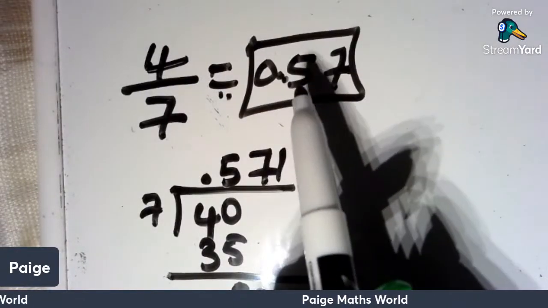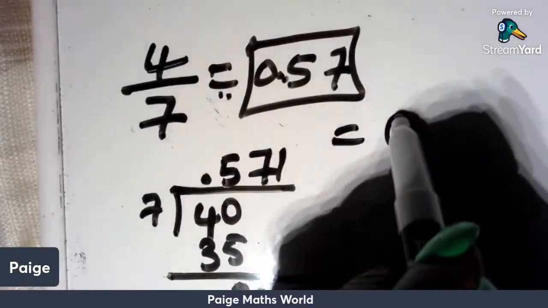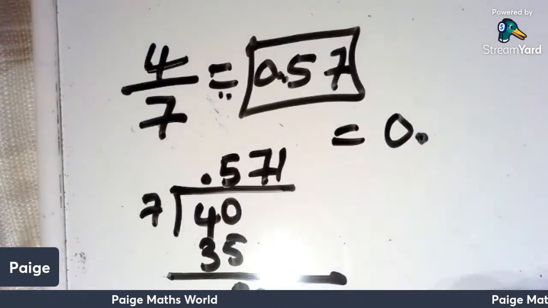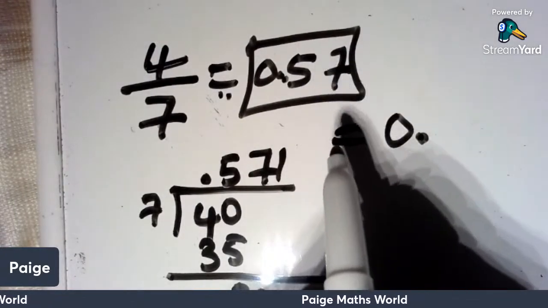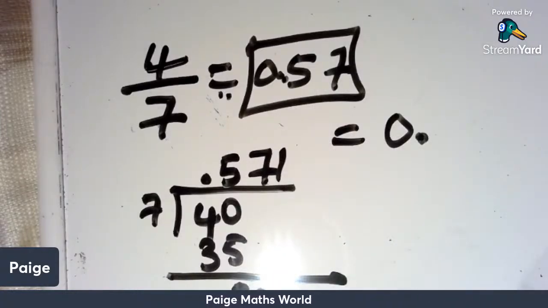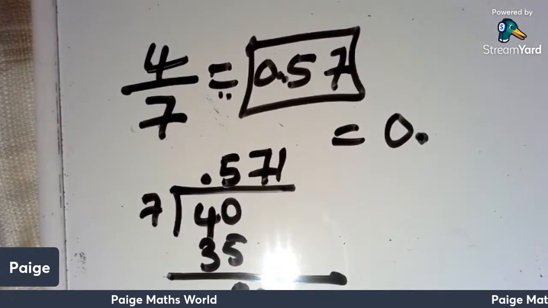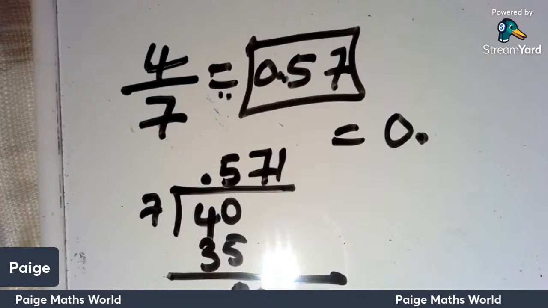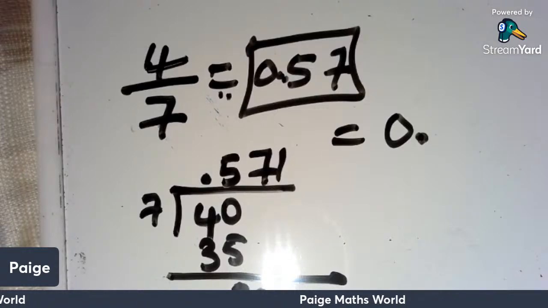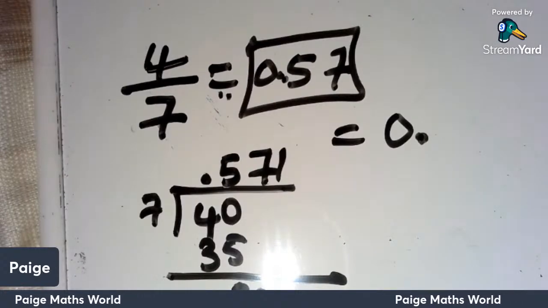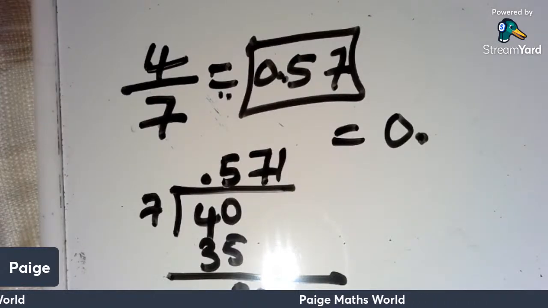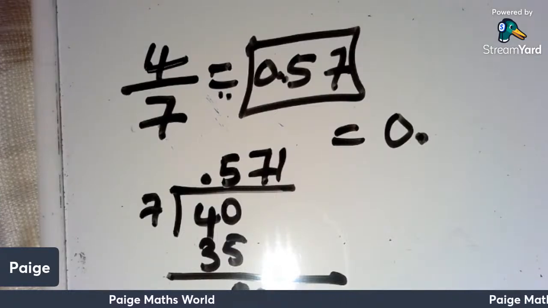If you're going to round this off to 1 decimal place, it would be what? We learned this early on. What is this as a decimal to 1 decimal place? 0.57 to 1 decimal place is what, guys?